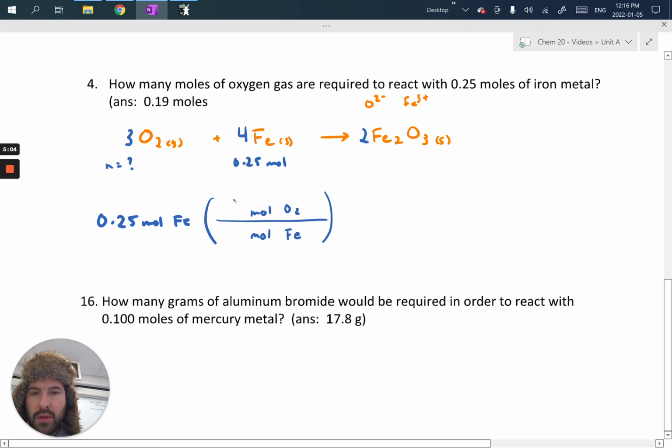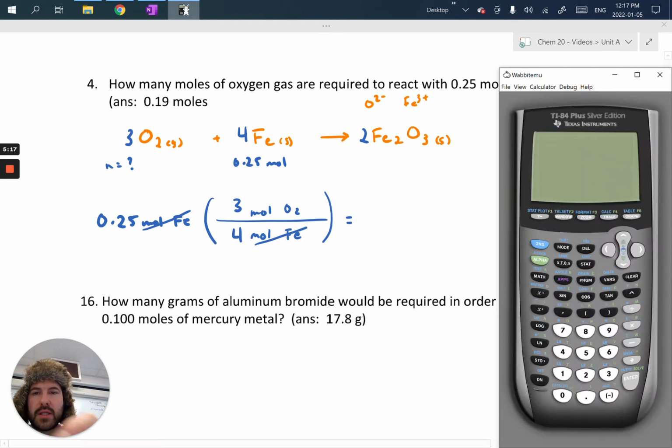So I need 3 moles of oxygen for every 4 moles of iron. And so moles of iron are going to cancel out in this equation. And if I plug this into my calculator, I'm going to take 0.25 and I'm going to multiply that by 3/4.